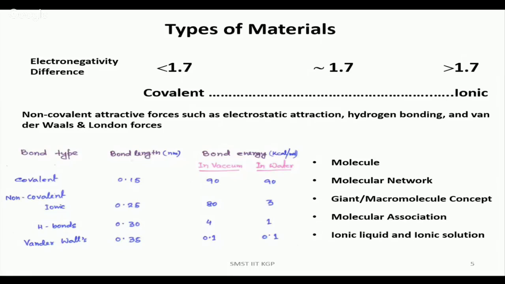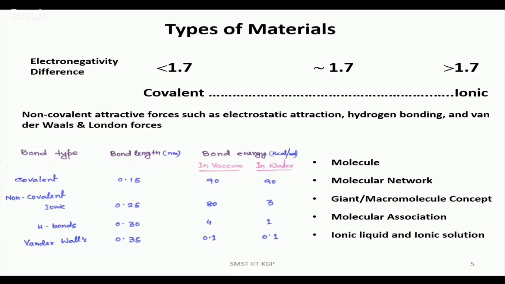Similarly, carbon dioxide, for example, is a stable individual molecule, but sodium chloride is not really a stable individual molecule; rather, it is a network of ions, and that is why it is called a molecular network.